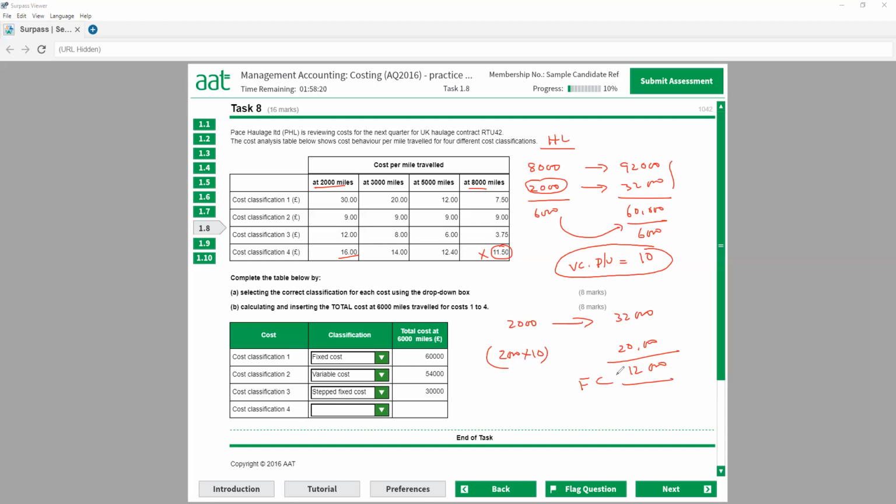Now we're going to find out how much is the cost for the 6,000. So we'll do very simple: 6,000 times 10, that is 60,000. That is my total variable cost, and the fixed cost you already have, 12,000. Fixed cost is fixed anyway. Fixed cost is 12,000, and that will give me a total of 72,000.